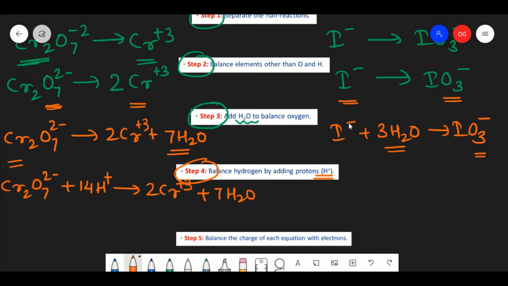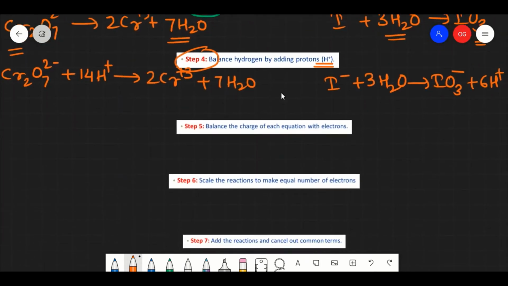Now on this side, this is I- plus 3H2O gives IO3- plus 6H+. So it is pretty simple if we go step by step.